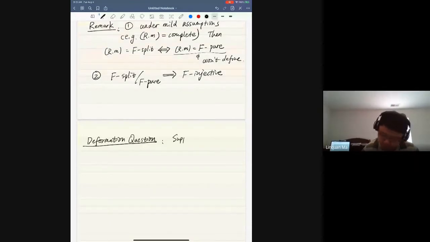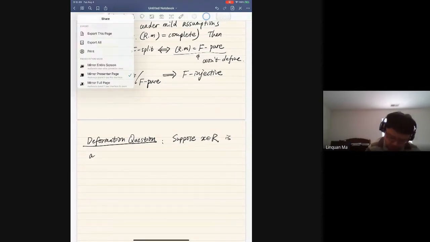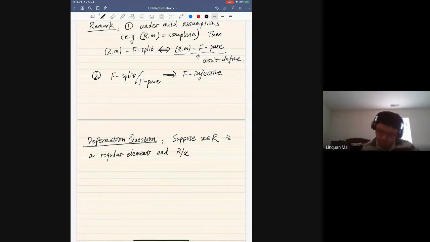Suppose x inside R is a regular element, in other words, a non-zero divisor, and I'm assuming the quotient ring R mod x is F-split or F-injective.